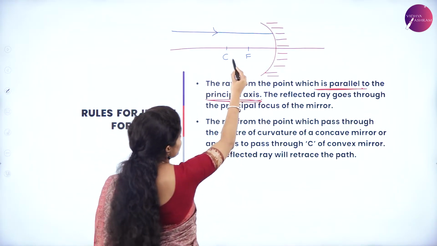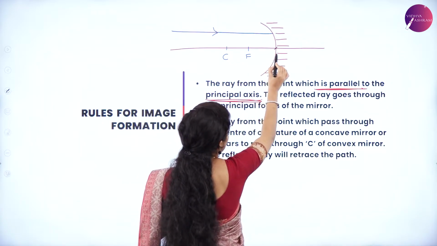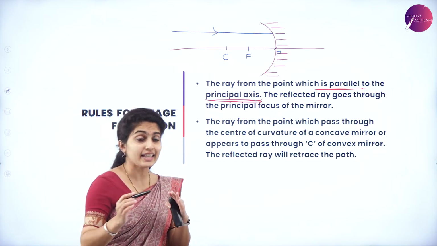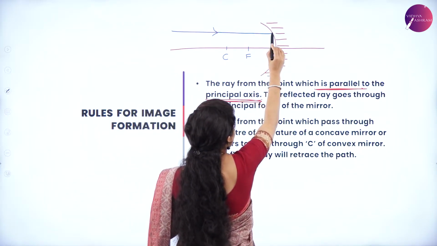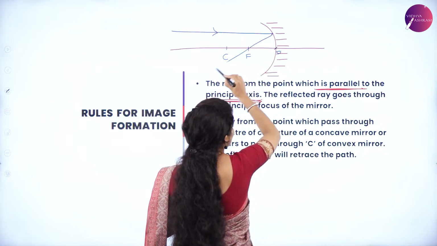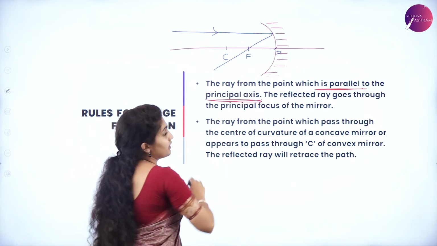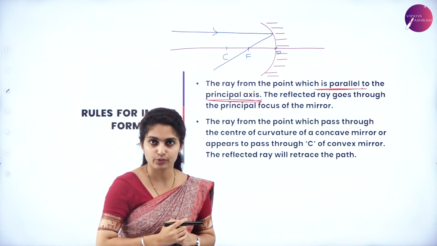So the center of curvature is this, and between the center of curvature and the pole we have the focal length. So any ray which is parallel to this red line, that is the principal axis, after reflection has to pass through the principal focus. That is the main condition over here. This is one rule.